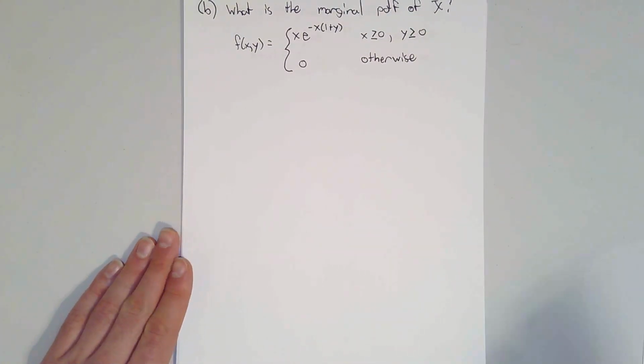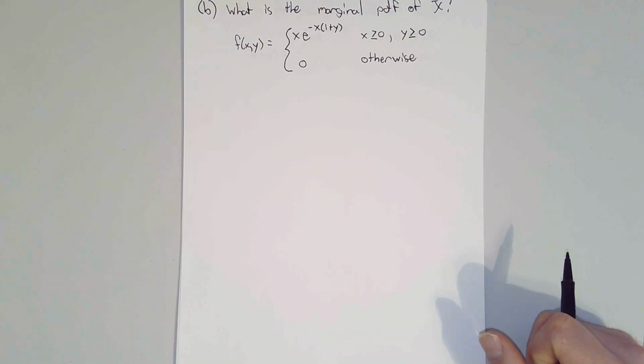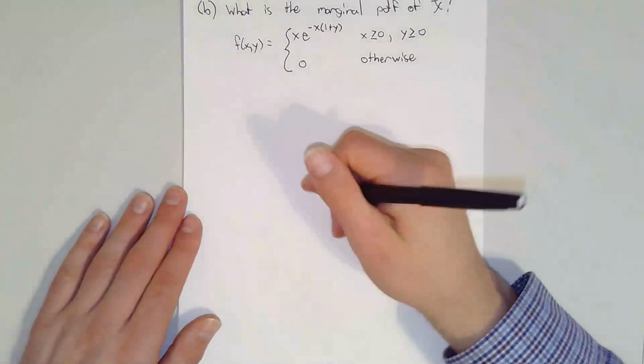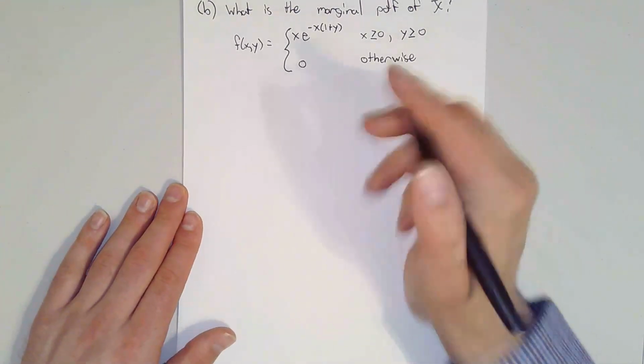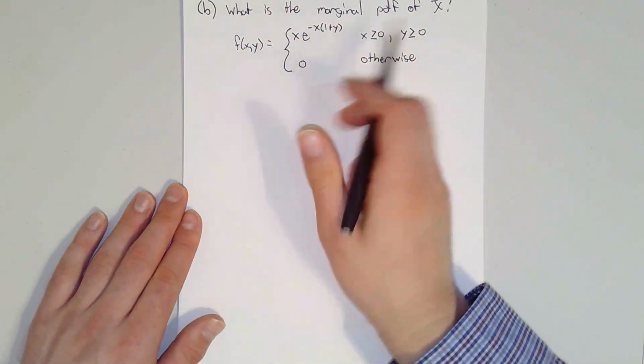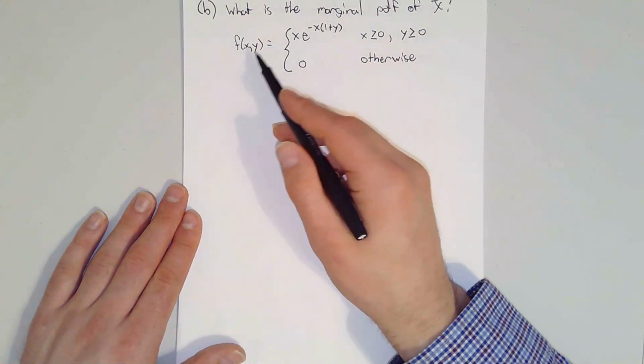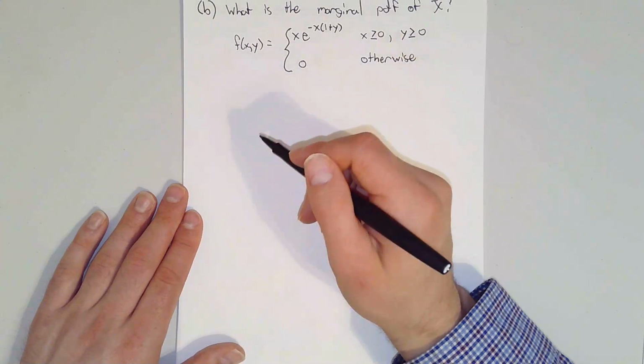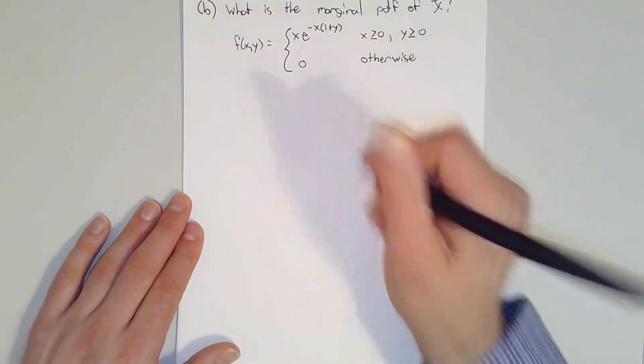The next two parts will be computing the marginal PDFs from this joint PDF of capital X and capital Y. Part B asks what is the marginal PDF of X, and from our problem I've rewritten the joint PDF as follows.